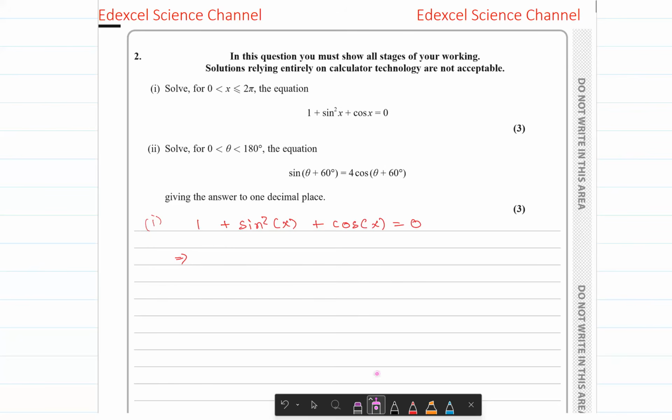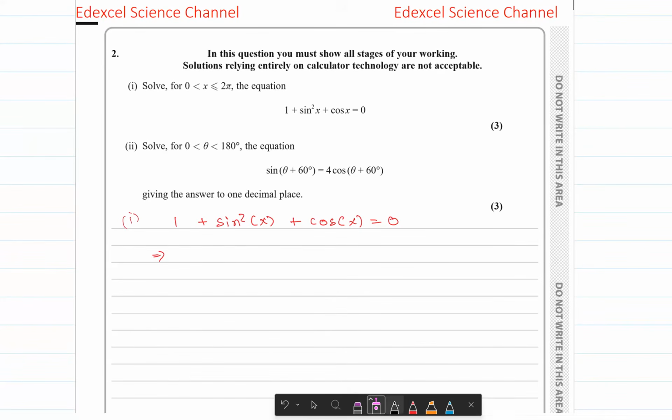Now the thing is that if you have two different trigonometric functions in your equation, then it becomes difficult for us to solve it. Therefore, I am going to use the identity sin²x plus cos²x equals 1.